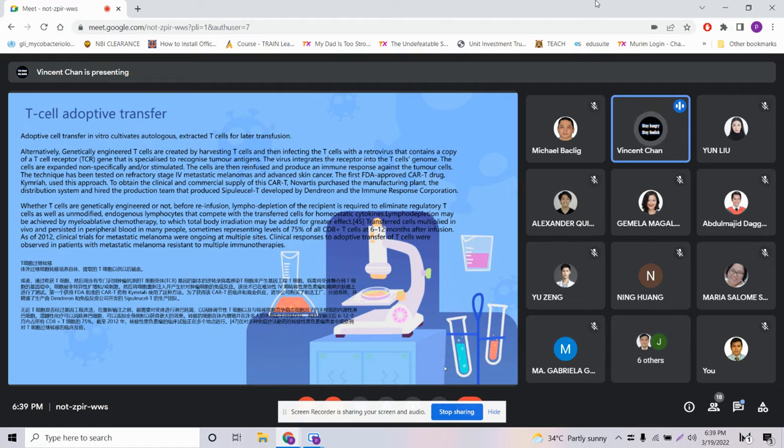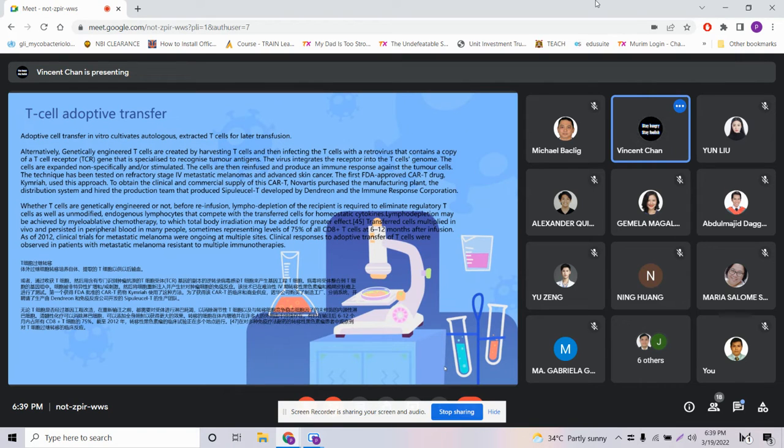Lymphodepletion may be achieved by myeloablative chemotherapy, to which total body radiation may be added for greater effect.